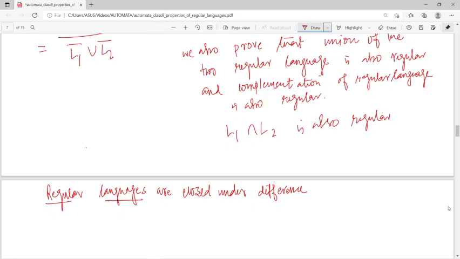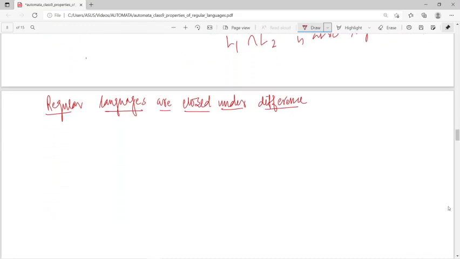Regular languages are closed under difference. What do you mean by difference? That means L1 minus L2 is L1 intersection L2 complement. That's the meaning of this.